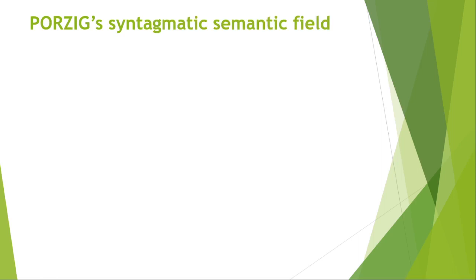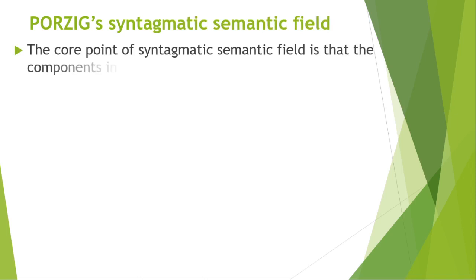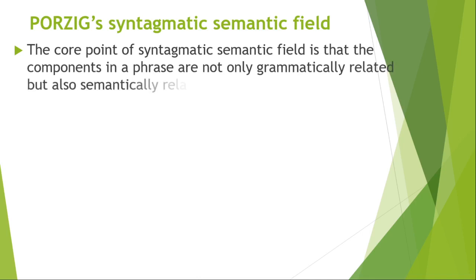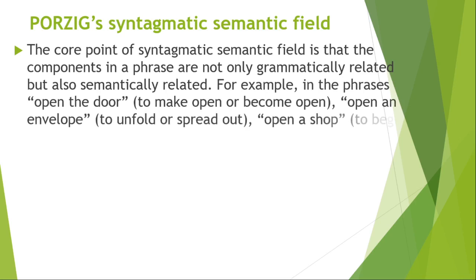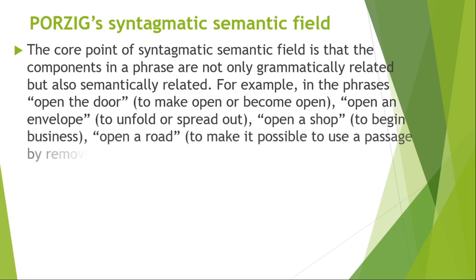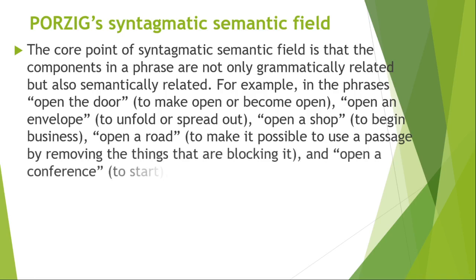Now, the core concept of this theory, the syntactic semantic field. The core point is that the components in a phrase are not only grammatically related but also semantically related. For example, open the door means to make open or become open; open an envelope, to unfold or spread out; open a shop, to begin business; open a road, to make it possible to use a passage by removing the things that are blocking it; and open a conference, to start a conference.